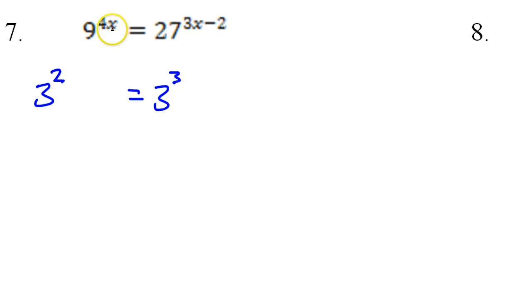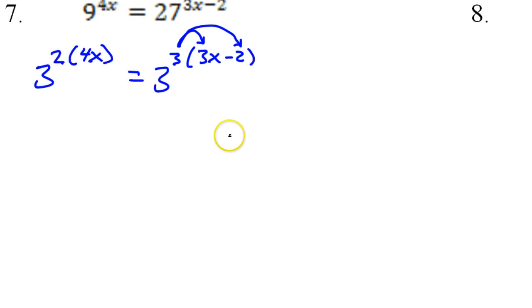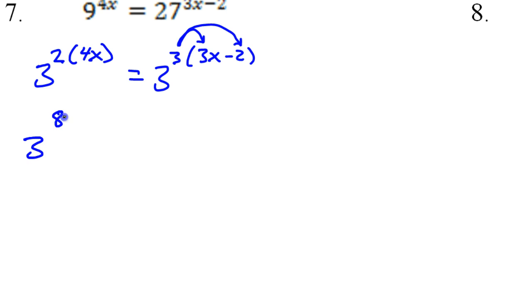What do I do with these? Well, I put the 4x here in parentheses, and I put the 3x minus 2 also in parentheses. Especially I need it here to remind me that I have to do the distributive property. Okay, so that would give me 3 to the 8x power equals 3 to the 9x minus 6 power.